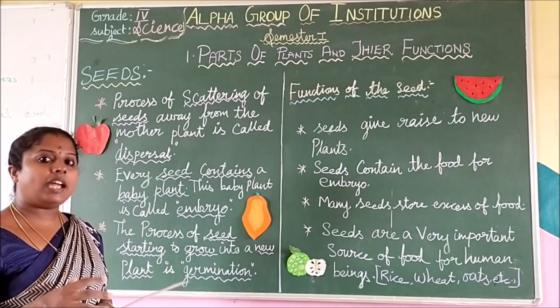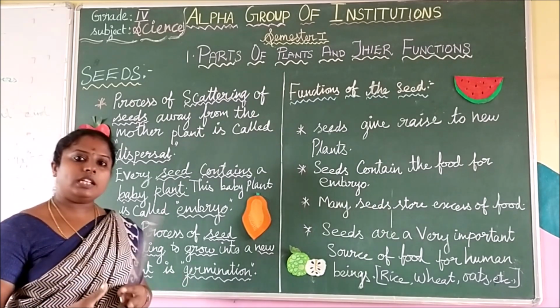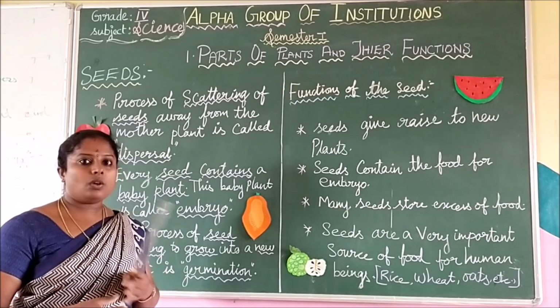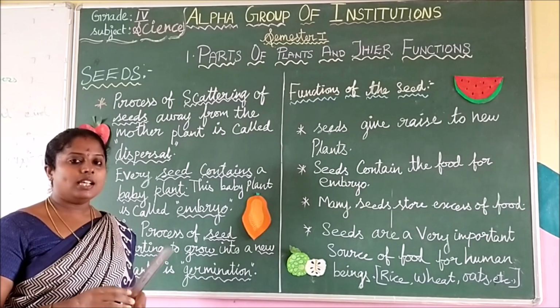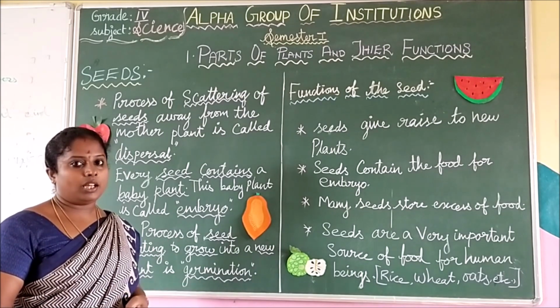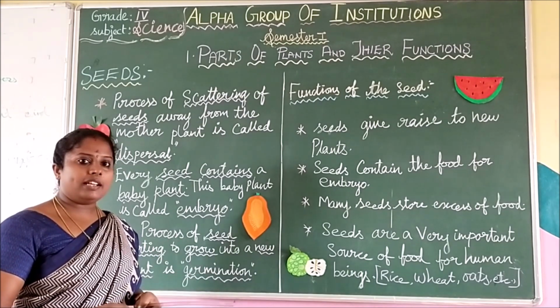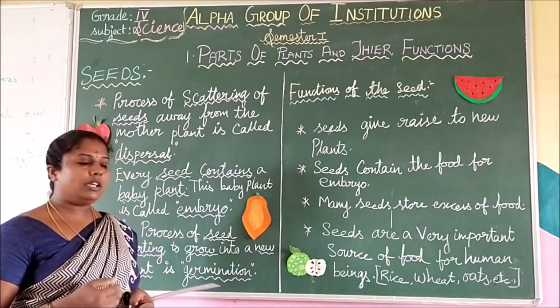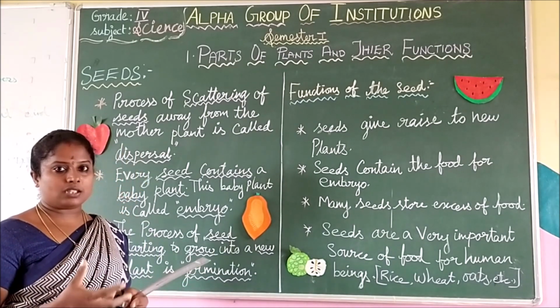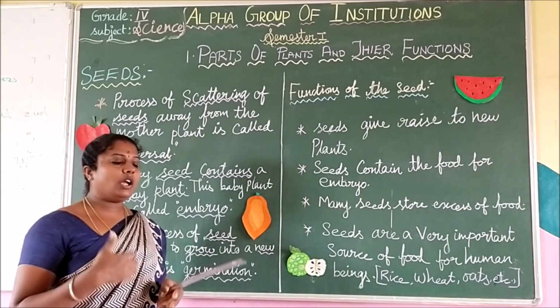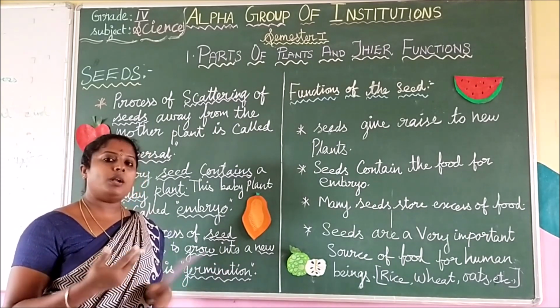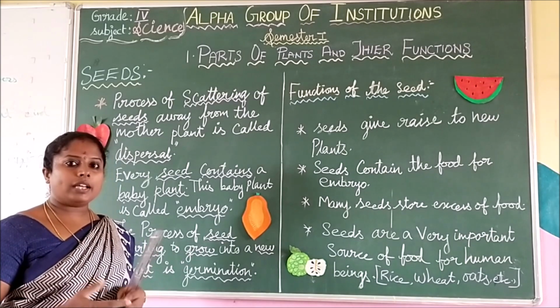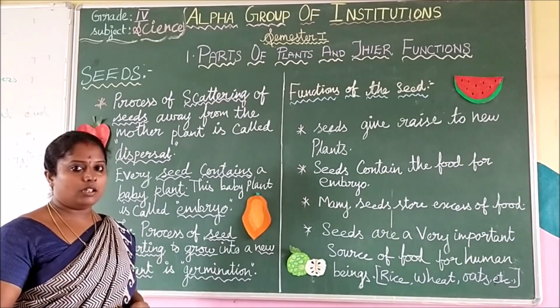When the fruit gets ripe and it is eaten by some person or some birds or some animals, the seed will come out from the fruit and get scattered or buried in the soil. Maybe the birds will be carrying the fruit or seed from one place to another. By that it may get scattered.